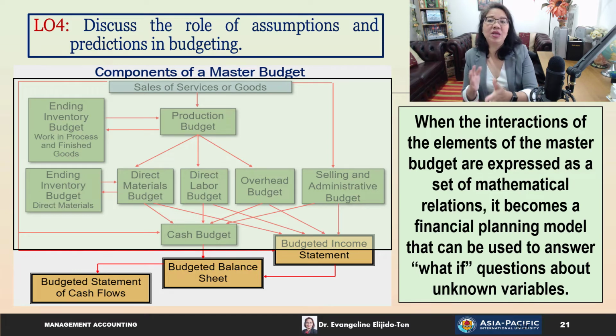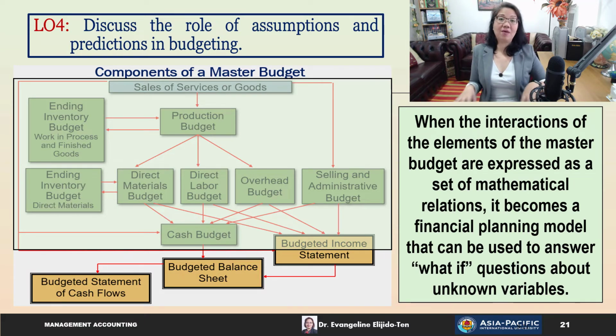You are able to easily manipulate the figures, and you can easily see the impact on the profit if certain variables change. What if the cost of the materials changes from 40 cents to 50 cents per pound? You can see how it will impact the profit. And that is the reason why a financial planning and analysis system is very useful for profit as well as operational control.